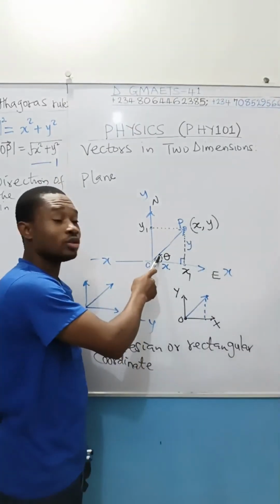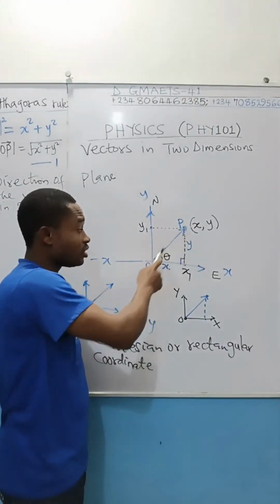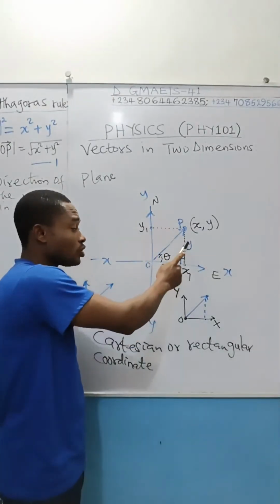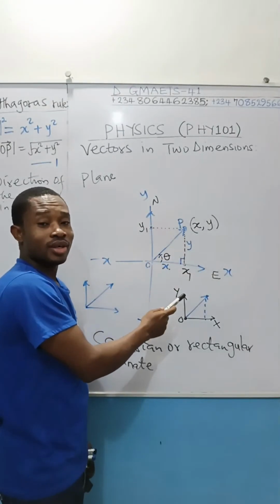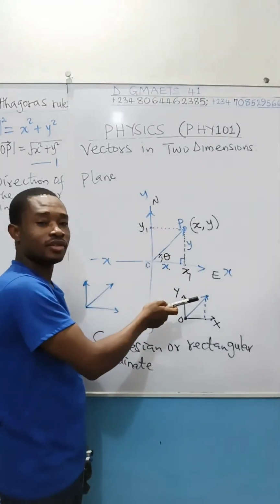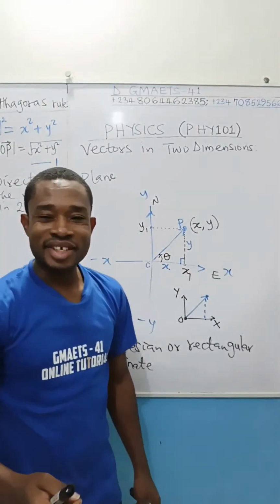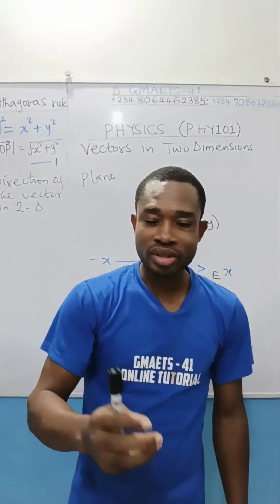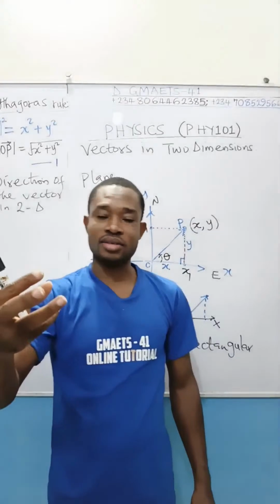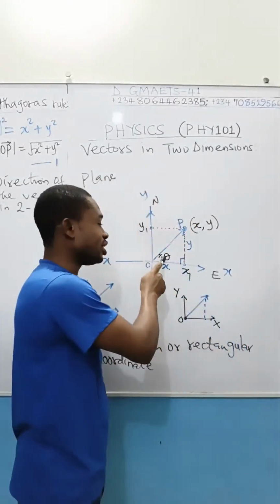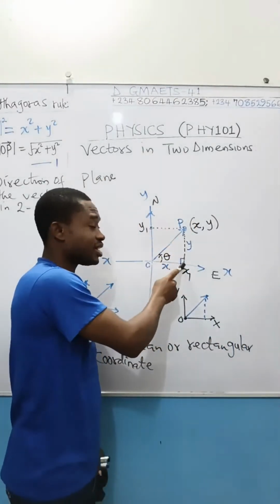This is an angle theta. In this right-angle triangle, we have opposite, we have adjacent. So if you have angle theta, you have opposite, you have adjacent. Which trig ratio relates these three quantities: the angle, the direction, the opposite, and the adjacent?